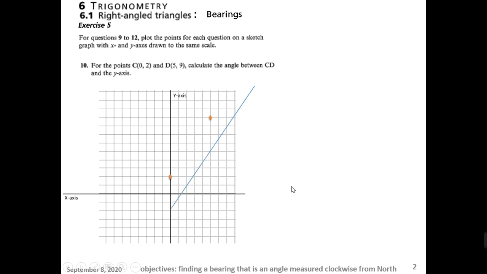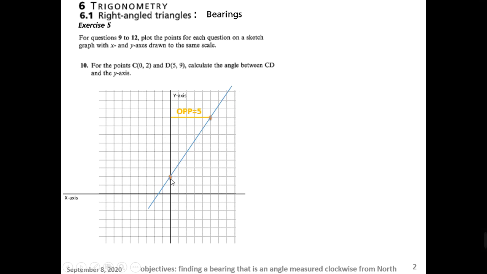Now, let's draw this line. Let's connect the 2 points together, and let's find the triangle. As you can see, this is the opposite side, which is 5, the opposite side to this angle, because they said the angle between CD and the y-axis.